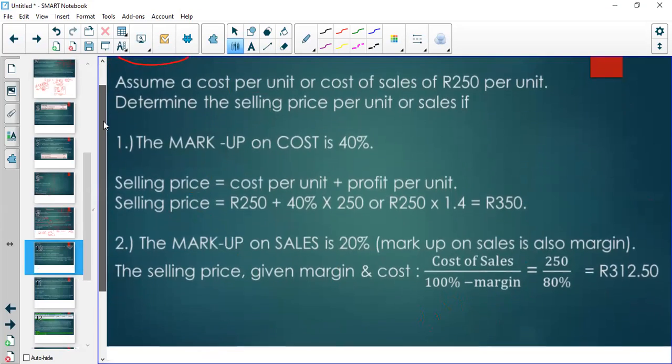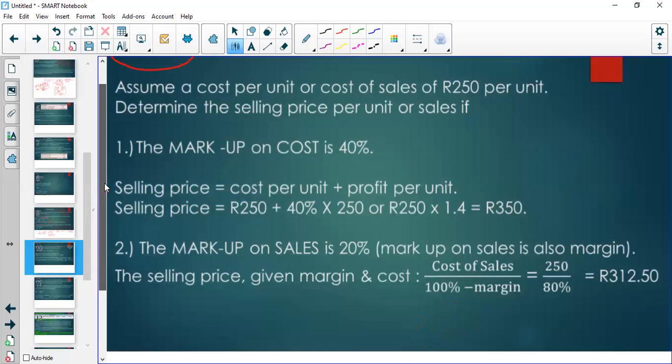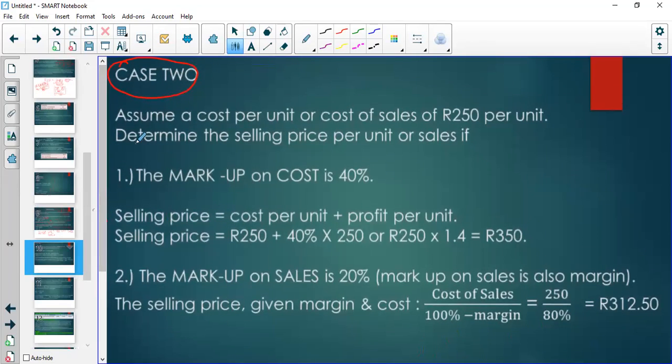In some cases, you are given profit relationships, and you are given the profit as a markup on cost, right? I'm saying these things because you know what happens sometimes? The examiners can give you information that allows you to calculate the cost of something.